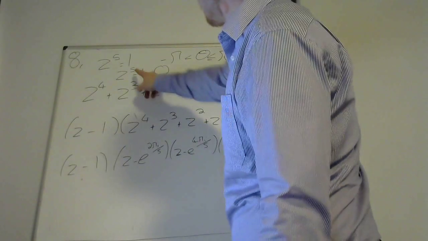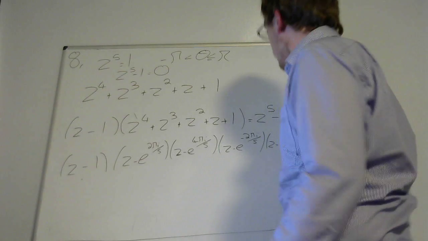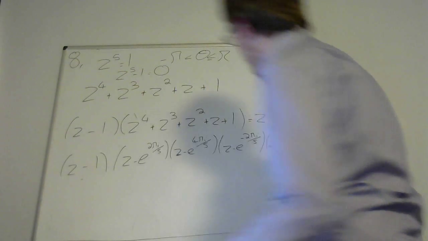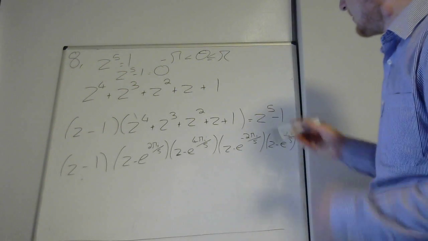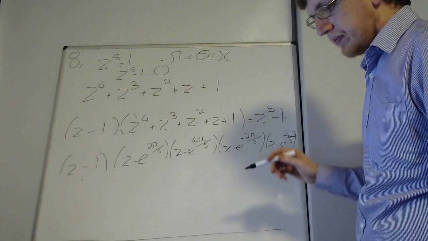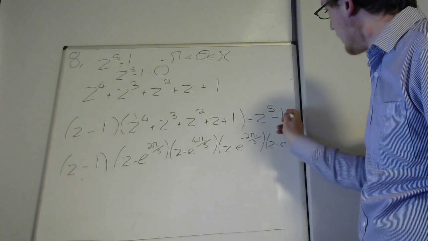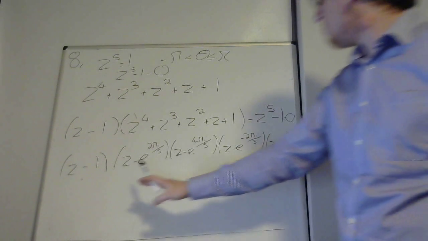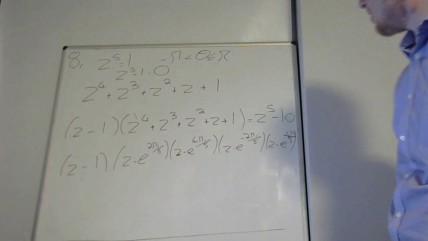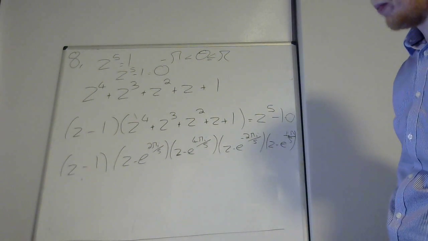So we know that z to the 5 minus 1 is equal to 0. So this whole thing is equal to 0, and we could divide both sides by z minus 1.